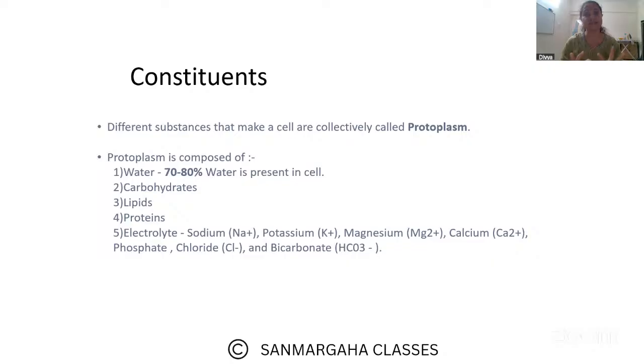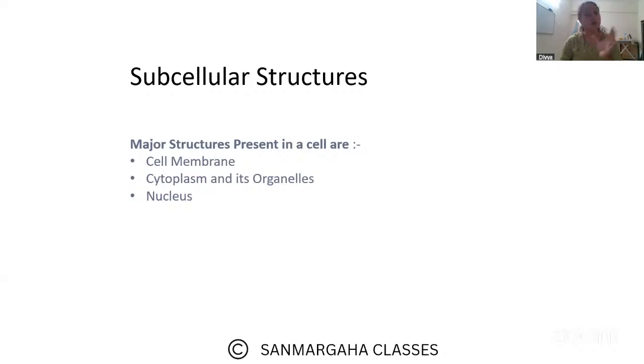All these electrolytes are present in the cell. And along with that, we also have subcellular structures. Those are the major components.